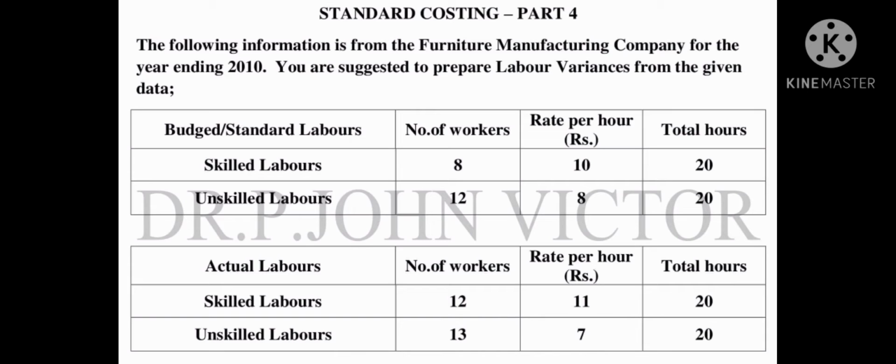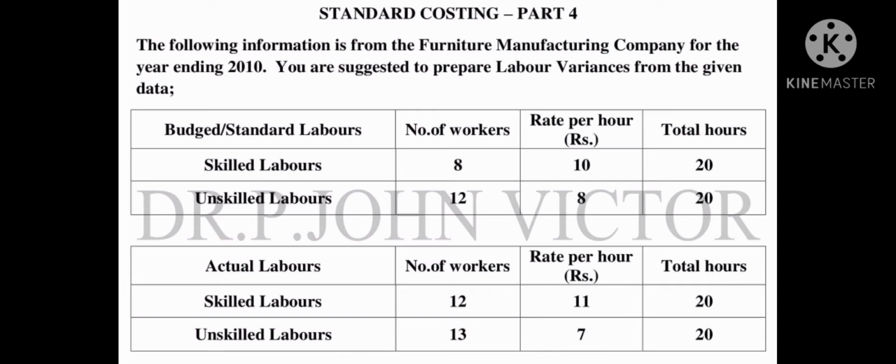For skilled labors, there are 8 workers, the rate is 10 per hour, totally 20 hours. Likewise, unskilled labors, number of workers 12, rate per hour is 8, total hours 20. Then actual labors: skilled labors 12 in number, 11 rupees per hour, 20 hours. Unskilled labors, number of workers are 13, rate per hour for actual is 7, and total hours is also 20 hours each.